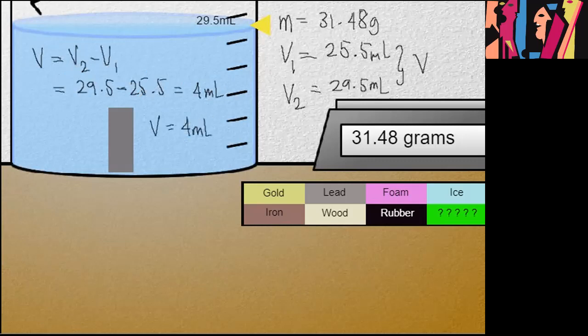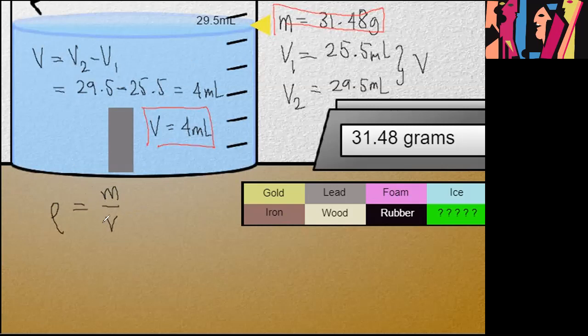At this point, we have a mass and we have a volume. So we can now go ahead and find the density of this object. First thing I'm going to do is remember the formula for density. It's rho equals m over v. The next thing I'm going to do is think, can I use this equation directly?